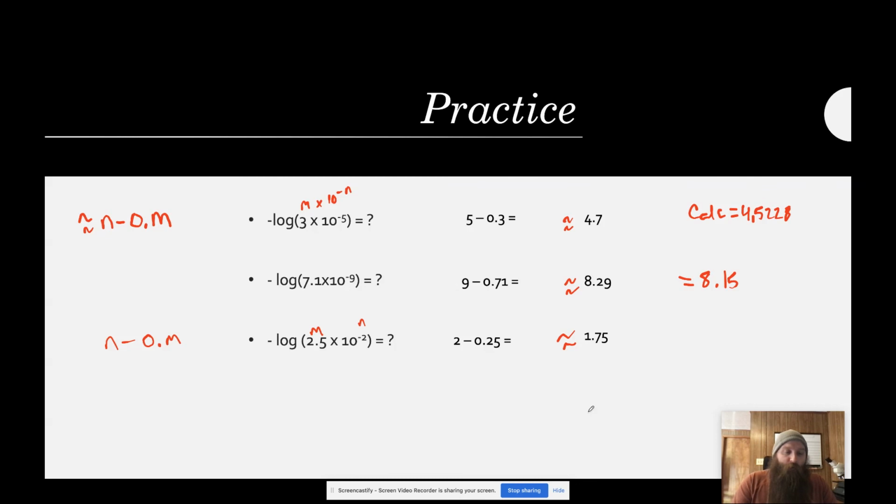If we plug this into the calculator, 2.5 times 10 to the negative 2, we get 1.602. So this is how we're going to deal with logarithms when we don't have a calculator. Just remember n minus 0.m for our logarithm.